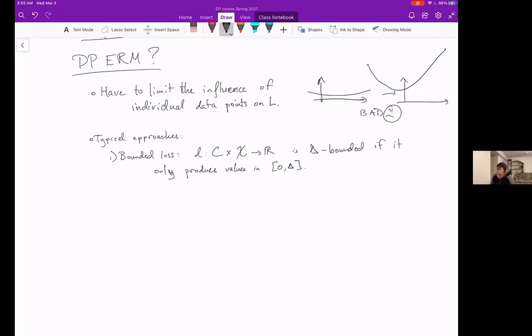So notice this is more or less the same as requiring that the overall loss function L have low sensitivity for each value of W. Just as a corollary of this, if X and X prime are neighboring data sets, then if I look at how the loss function changes between X and X prime, that's at most delta over n.